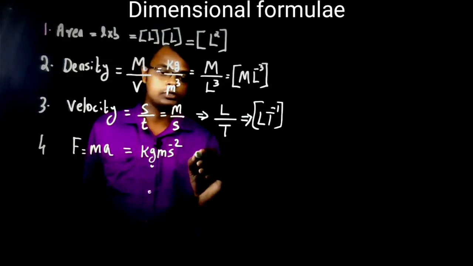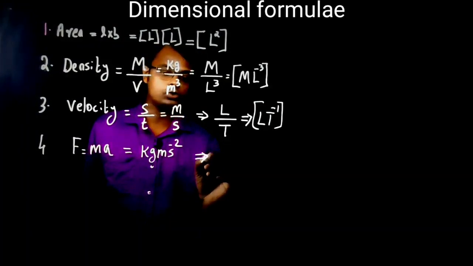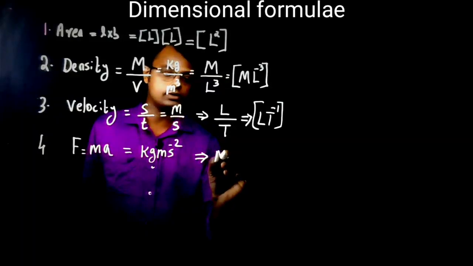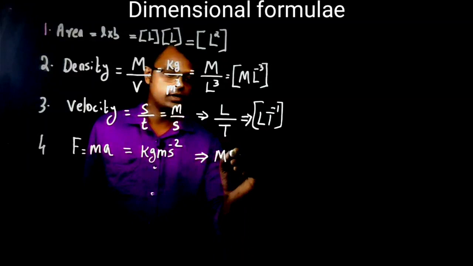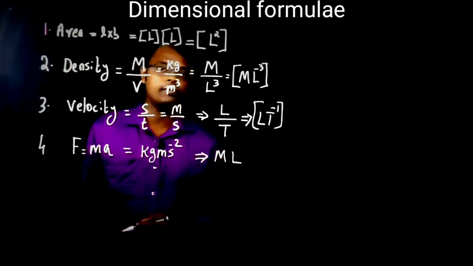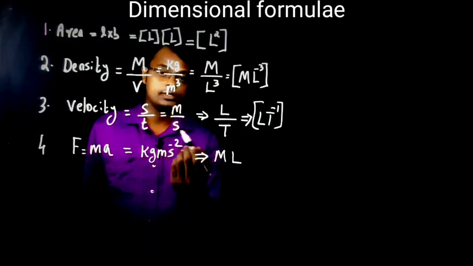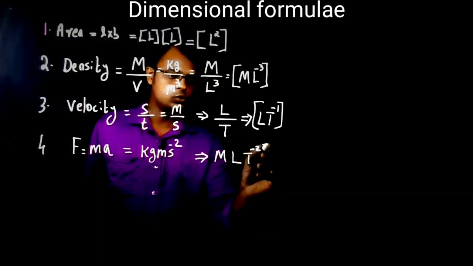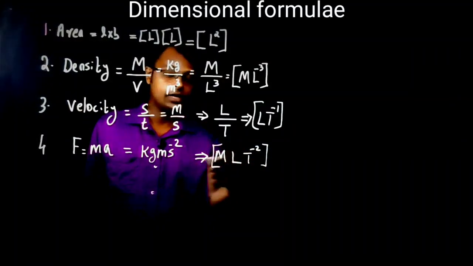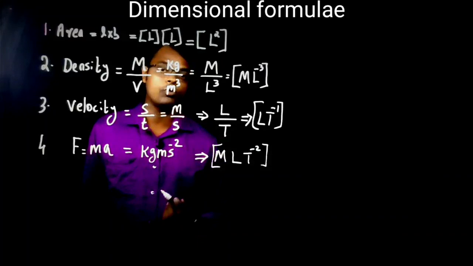For the dimensions, mass we represent with capital letter M. Meter is a length, so we write capital letter L. S is a time unit, so the dimension is capital letter T. S to the power minus 2, so we write T to the power minus 2. So these are the dimensions of force.